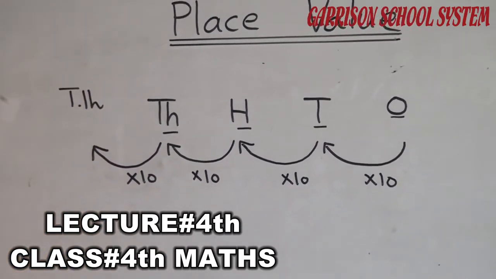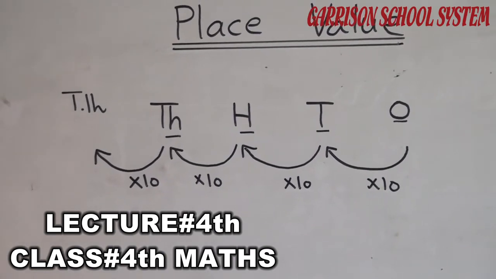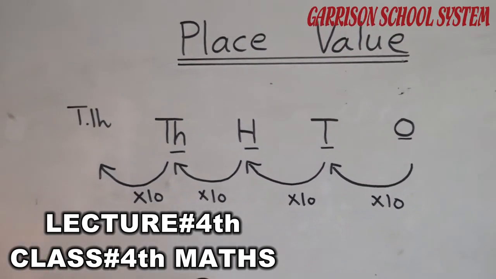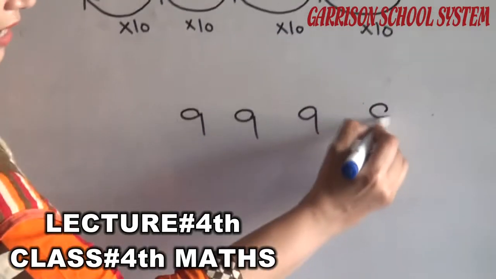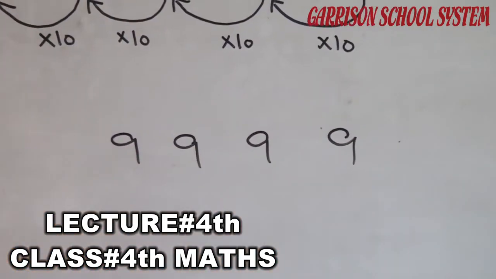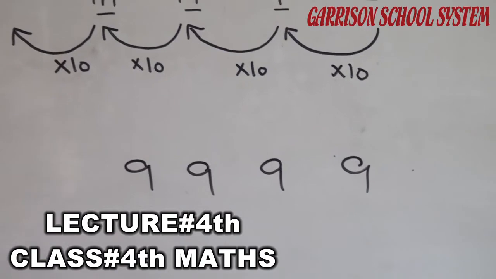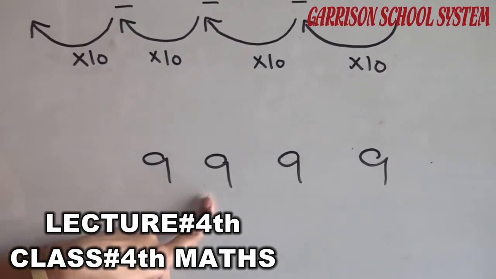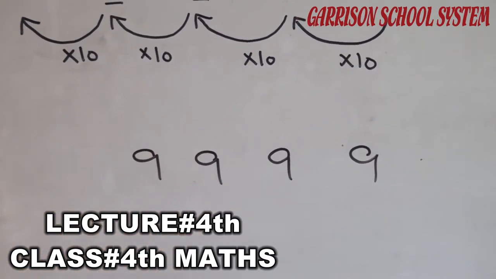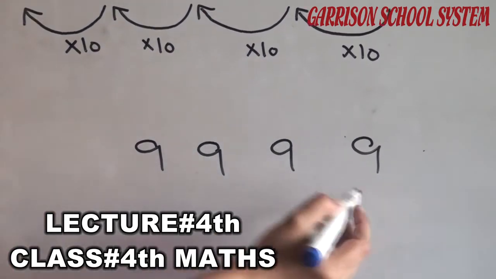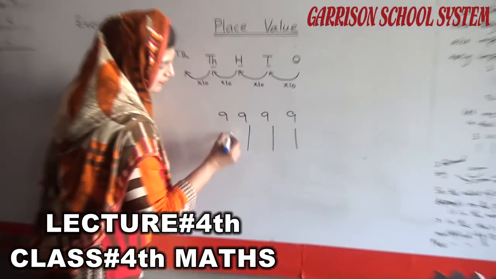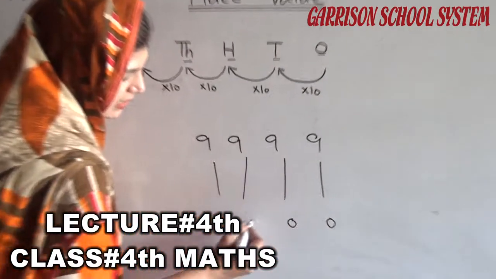So students, for example, we have the number 9,999. What is the next number? The next number is 10,000.